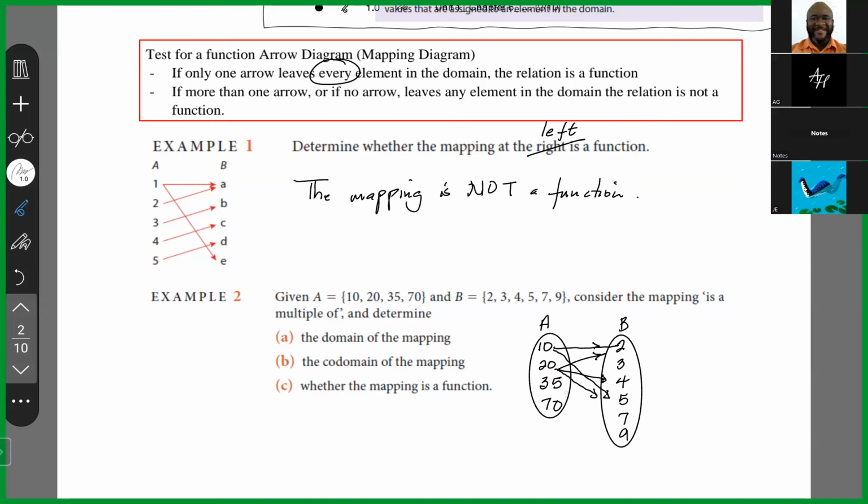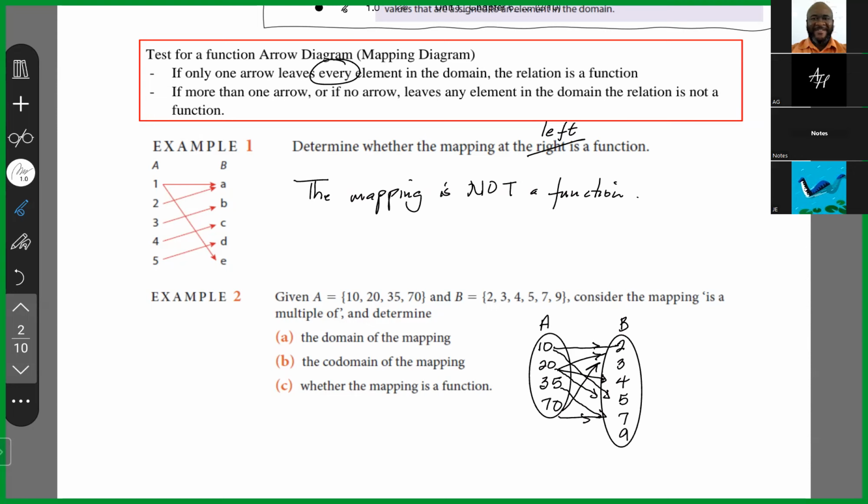Yeah, it is necessary. 35 is a multiple of 7. 70 is a multiple of 7. 70 is also a multiple of 2. I don't think any of these match to 9. So as a mapping diagram, as an arrow diagram, the relation is a multiple of would look something like this.